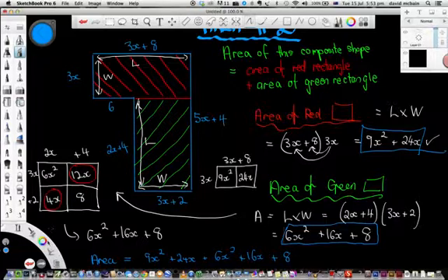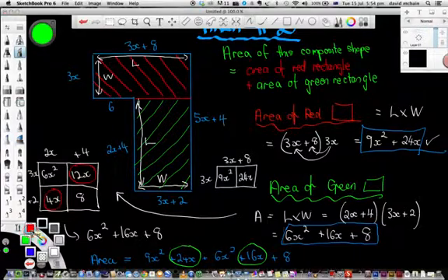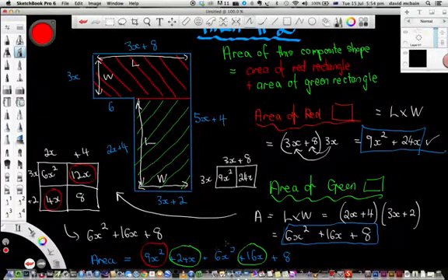Now let's identify our like terms. Well, there's our x terms, 24x and 16x, they're like terms. What other like terms can we see? That's right, 9x squared and 6x squared are like terms.